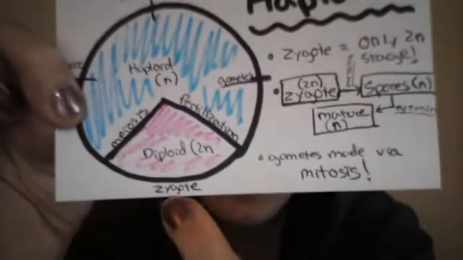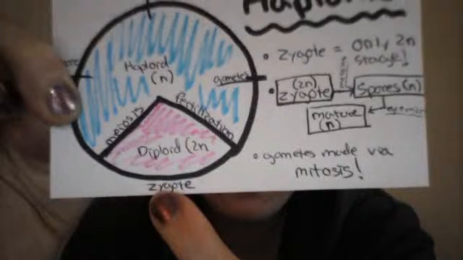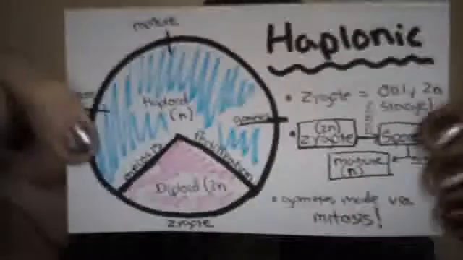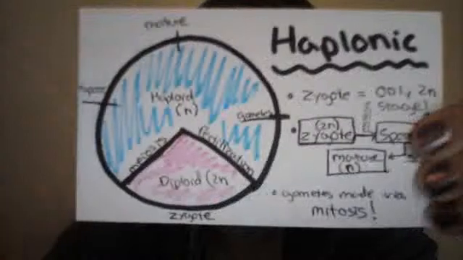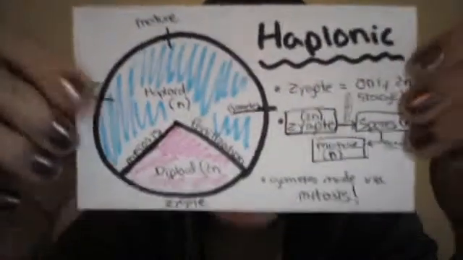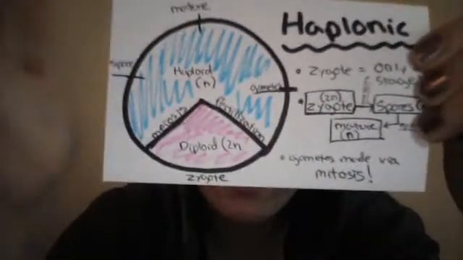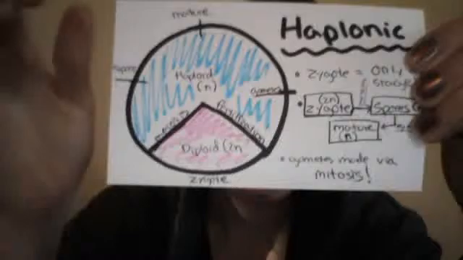Now, I want you to remember, all gametes are haploid and all zygotes are diploid. Alright, so here's the chart for haplonic. You can see here that the zygote is in fact diploid. And you can see up here that the gametes are in fact haploid. Now the way by which they get to those stages is a little bit different. What I like to think about here is that in the diplonic life, their whole life they are diploid, okay?